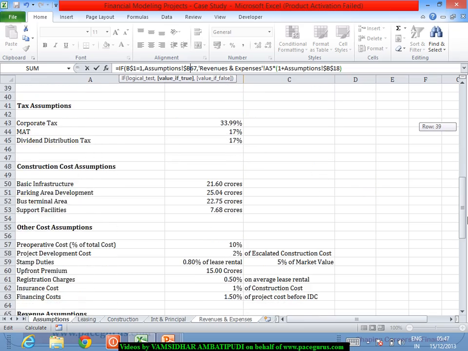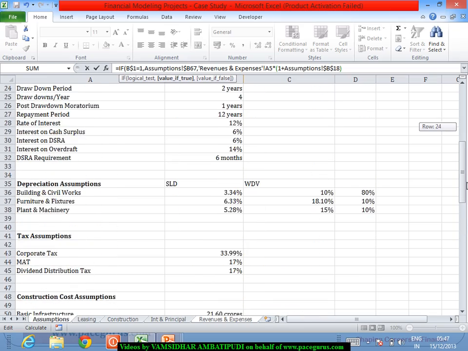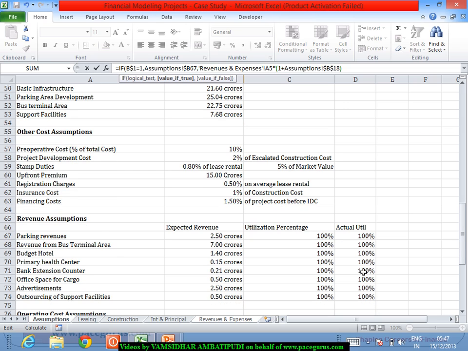So that's one more thing. And even the utilization factor, the utilization actual divided by, right, so I will also consider the assumption B67 multiplied by the actual utilization. Here also I'll put a dollar for D67 and divided by the utilization percentage.